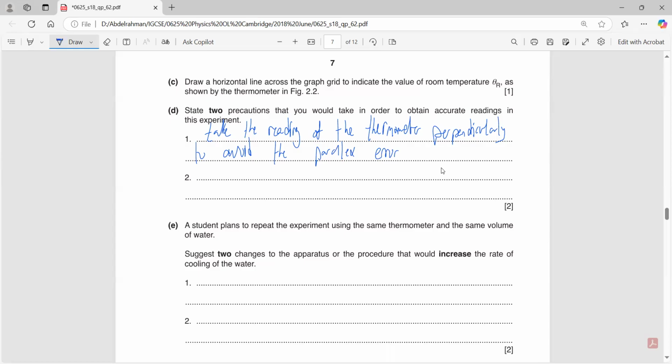And the second point is stir the water gently. Two very important precautions. Next question.